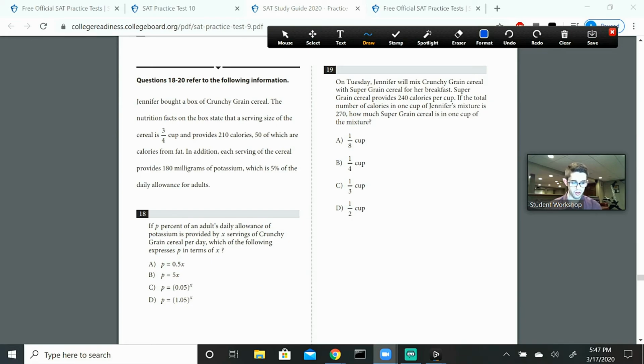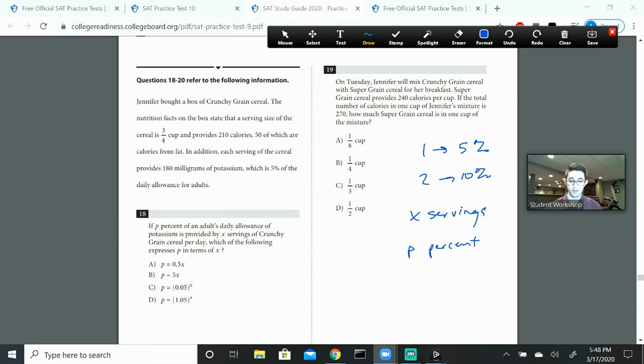So we're dealing with x servings and P%. Now it tells us that one serving gives us 5% of the daily allowance. So if we had one serving, that should equal 5%, and if we had two servings, that should equal 10%.